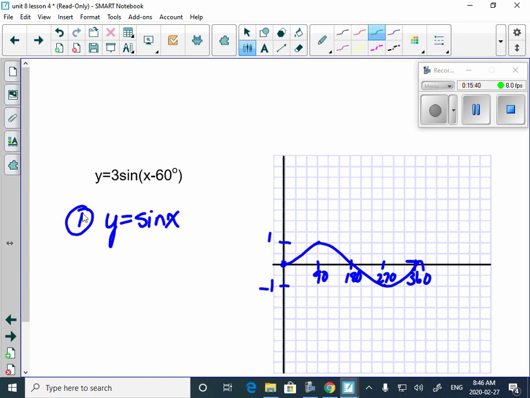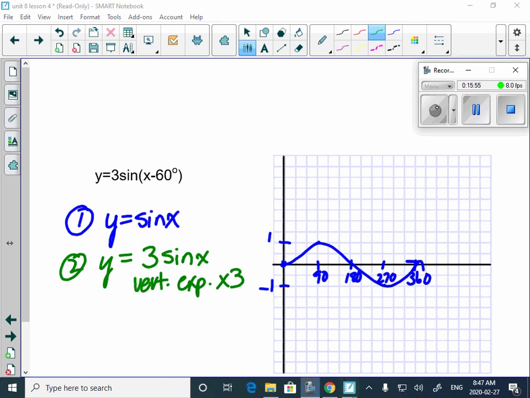Working from left to right, we would do our vertical expansion or stretch factor 3. So that means all of the ups and all of the downs are tripled. So my first transformation takes me from 0, 0 to 3.